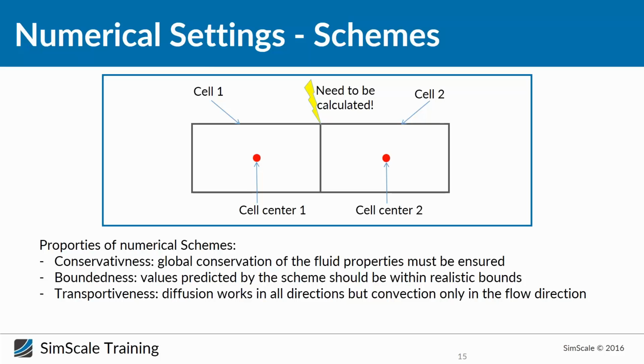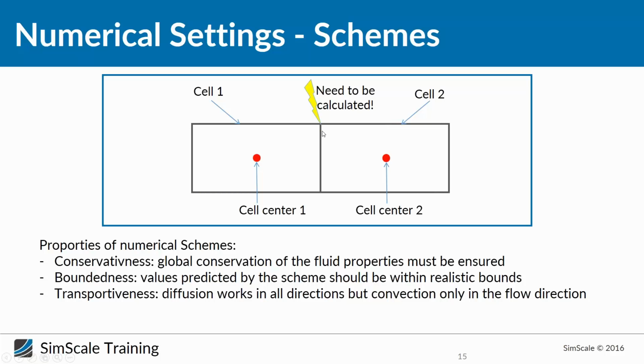In the end, we have 3 properties for numerical schemes. First of all, conservativeness, which means we must make sure that conservation of the fluid is ensured on a local and global level. So between these two cells, we must make sure that mass and momentum are conserved as well as for the whole system. The next thing is boundedness. Even if it's conserved, we must make sure that all values predicted by the scheme are within realistic bounds.